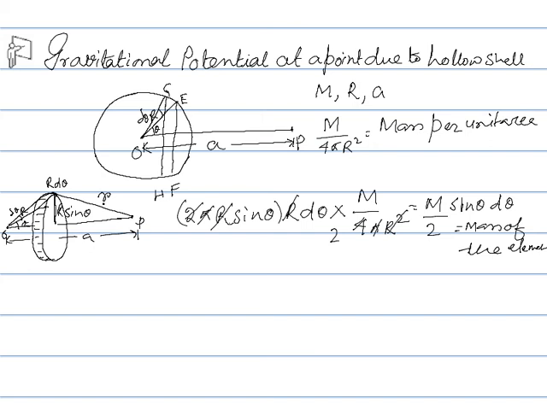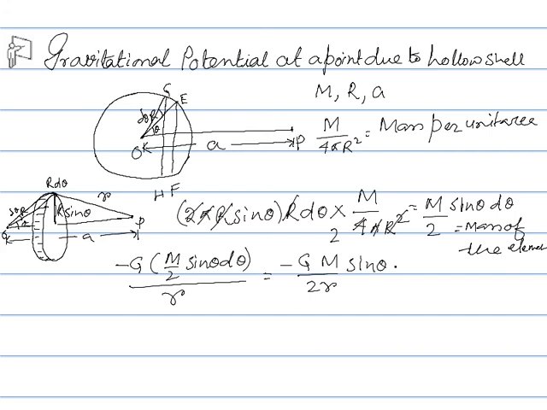Therefore the potential at P due to this elementary ring will be equal to minus G times the mass of the shell, that is m by 2 sin theta d theta, times minus G m by r, the distance being r, that is minus G m by 2r sin theta d theta. Now this is the potential at P, let it be dV, due to this elementary ring.